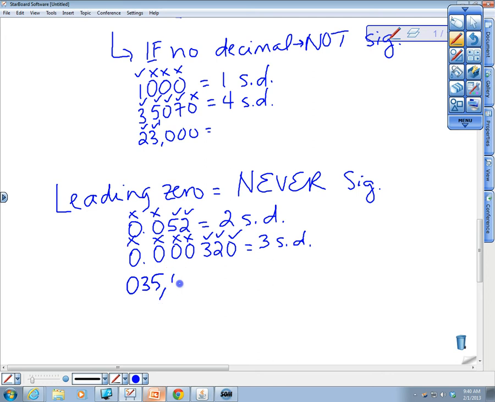You hardly ever see a number written like this, but if you had 35,000 written this way with a 0 in front, that leading 0 is still not significant. The non-zeros are. There's no decimal, so my trailing zeros are not significant in this case, and I have 2 significant digits.